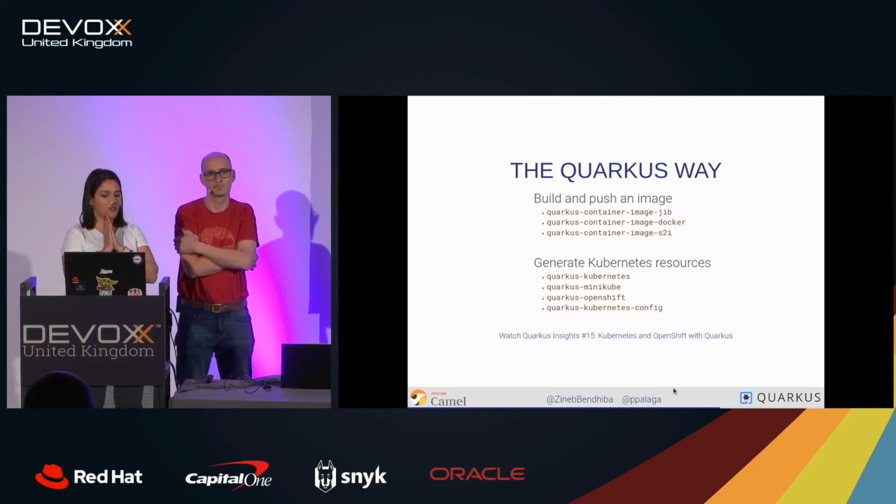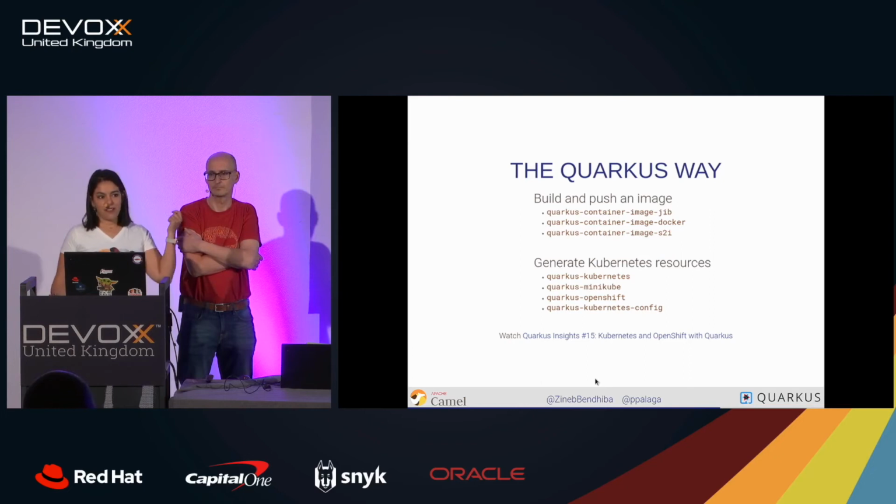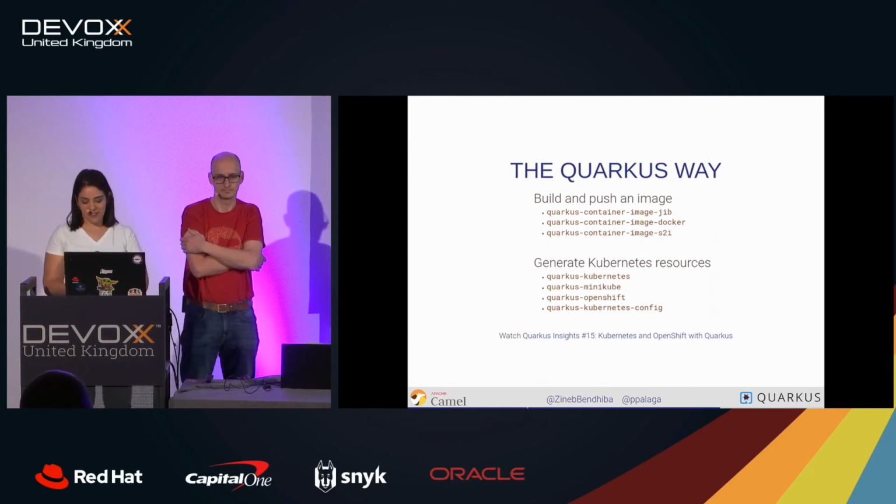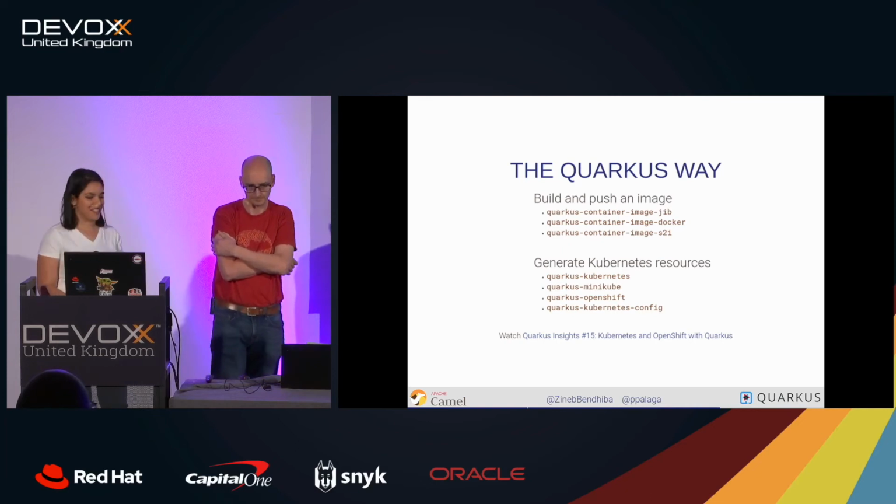These are the Quarkus extensions in order to build a container in different types. Here you can generate resources depending on the flavors of Kubernetes. So I invite you to see this or just come talk to us later because we have to keep going.